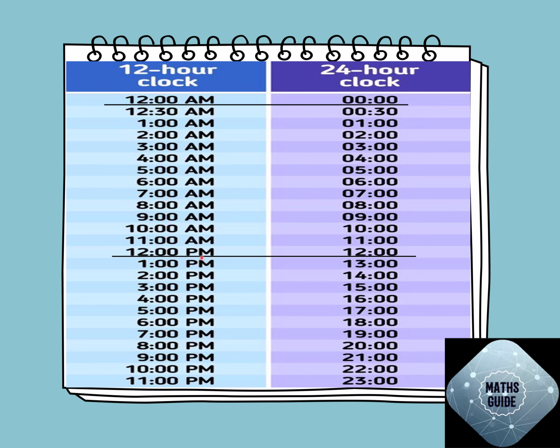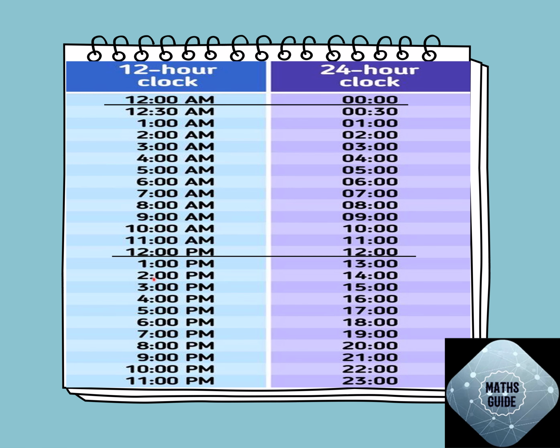When the 12-hour clock completes its first 12 hours, it again starts its time 1, 2, 3, 4, 5, but instead of writing AM, now they write PM to show the second half of the 24 hours. But the 24-hour clock doesn't need to write AM and PM. Why?